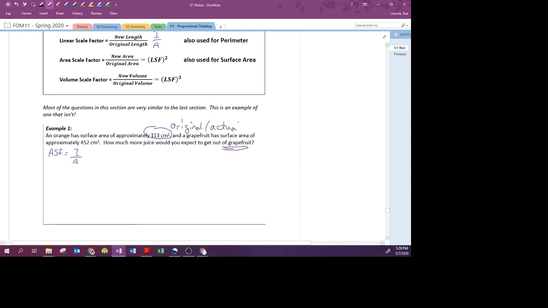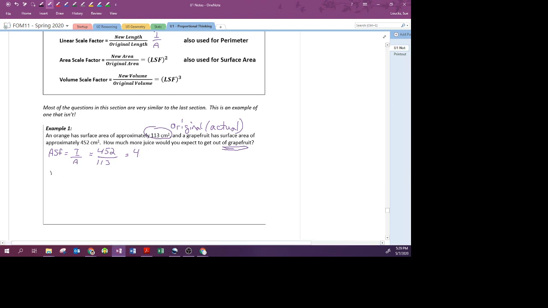Okay, it actually doesn't matter which one as long as you're consistent with it, but it'll be easier if we do it this way. So the area scale factor is image over actual. So this is going to be our grapefruit, which is 452, over our orange, which is 113. And that conveniently equals 4 if we reduce that. So the area scale factor is 4.